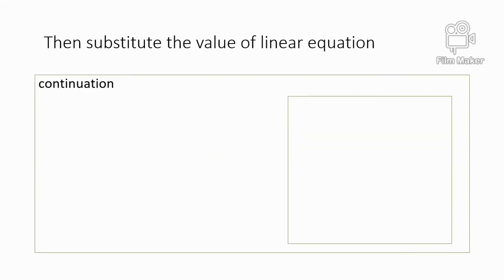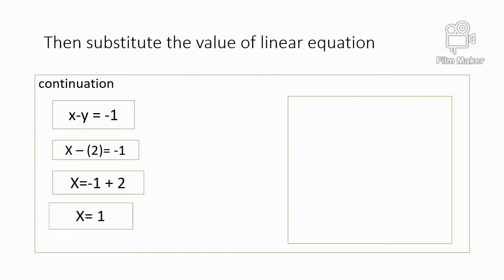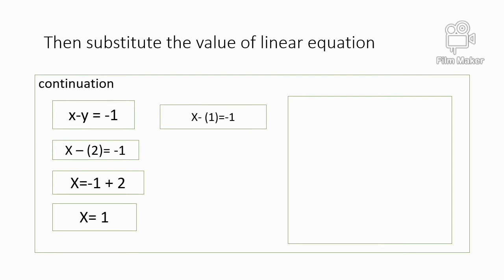Then substitute the values into the linear equation. This is a continuation. X minus y is equal to negative 1. X minus 2 is equal to negative 1. So x is equal to negative 1 plus 2. Therefore, x is equal to 1. Then x minus 1 is equal to negative 1.